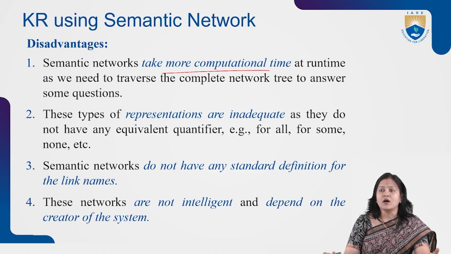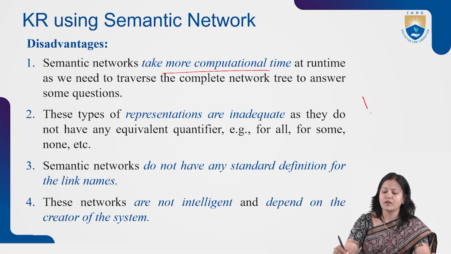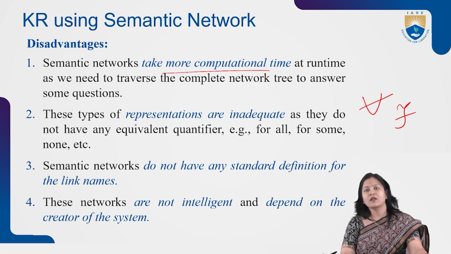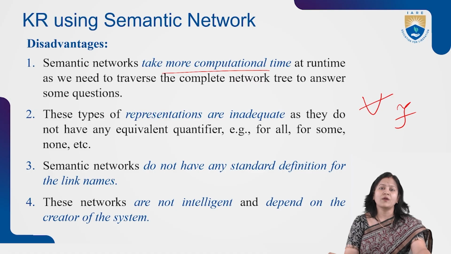As I told, we cannot represent for all, for some, or none. The universal quantifier or existential quantifier, as we use in predicate logic, is not possible to represent in the form of a graph. That is one of the problems in semantic networks.